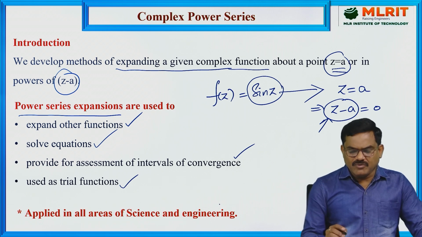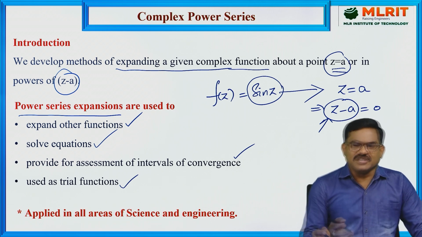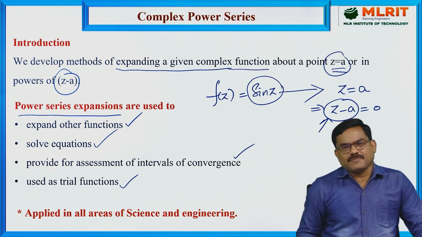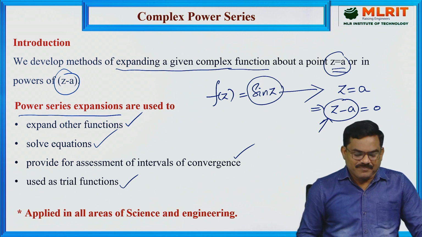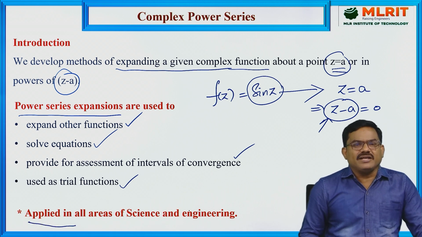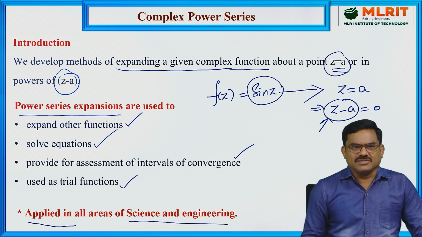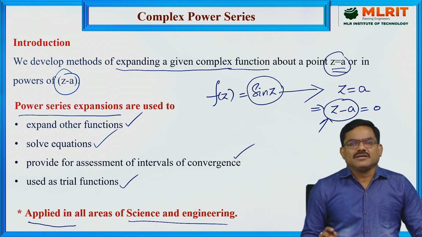For example, if you want to study the nature of a given function, whether it is real or complex, if we expand it like a power series, then it is very easy to study the nature of that function. Hence, it is applied in all areas of science and engineering. So, there are many applications of these power series expansions in both real and complex cases.